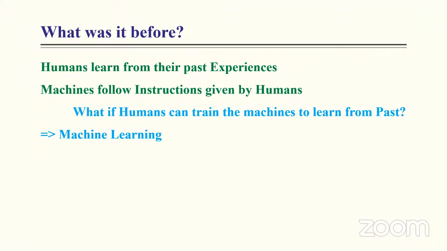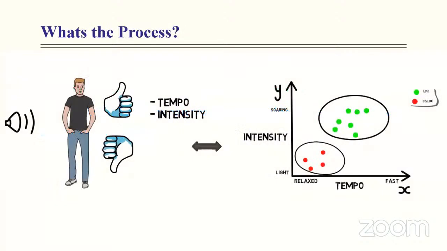So what is machine learning? I just said, humans learn from their past experience. When I say past experience, you are collecting data, and that data you are utilizing to predict. In the same way, machines are given data, and based on the data, they try to predict.